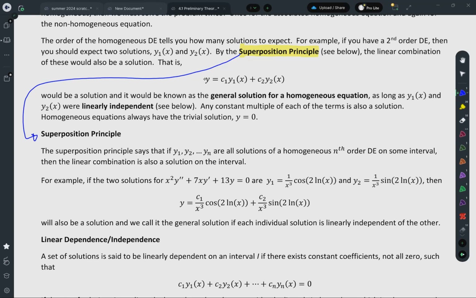So up here, I've written that as if we had 2 solutions to a differential equation, y1 of x and y2 of x, then the general solution would be the linear combination, where we'd get c1y1 plus c2y2, and that would also be a solution. And it'd be known as the general solution for the homogeneous equation.